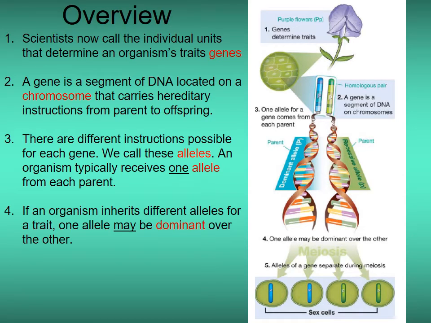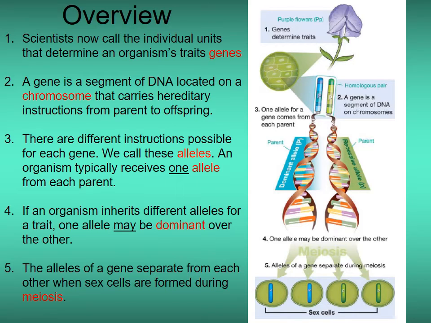If an organism inherits different alleles for a trait, one allele may be dominant over the other. We know that from Mendel. The alleles of a gene separate from each other when sex cells are formed during meiosis. And there it is in a nutshell.